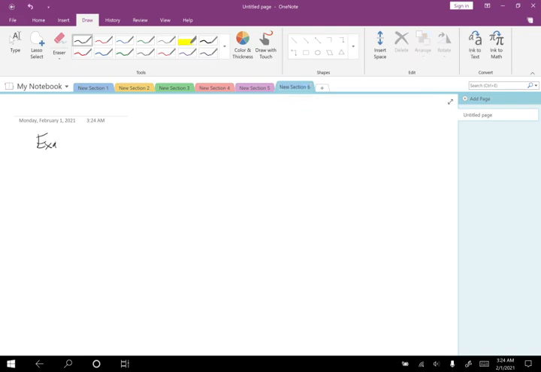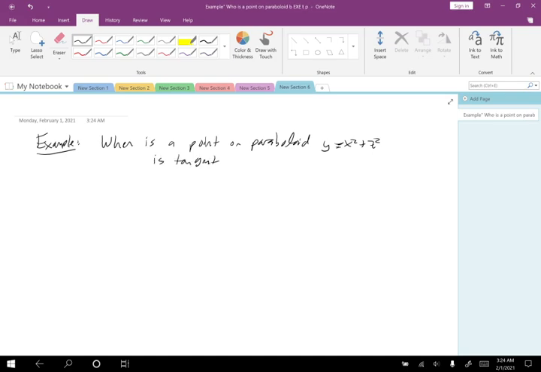A final example I want to consider is this: at which point on the paraboloid y equals x squared plus z squared, don't worry, this is not going to be a long example, is the tangent plane parallel to the plane defined by 7x plus 2y plus 5z equals 4?